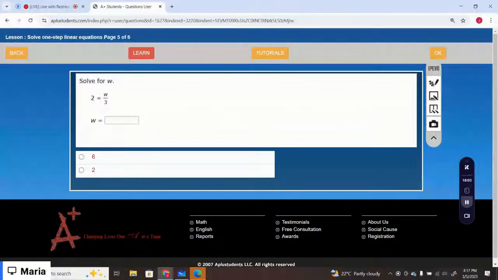Solve for w. That is 6. Option number 1 is the correct option.